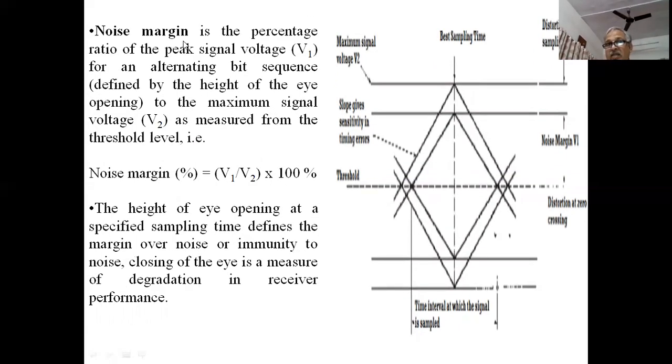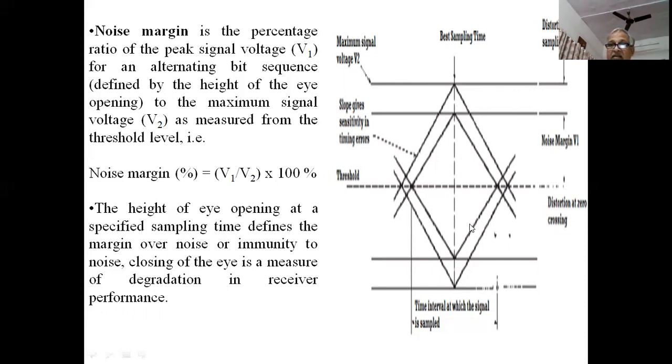Noise margin. The noise margin is the percentage ratio of the peak signal voltage V1 for an alternating bit sequence to the maximum signal voltage V2 as measured from the threshold level. This is the threshold level. Noise margin in percent equals V1 upon V2 times 100%.